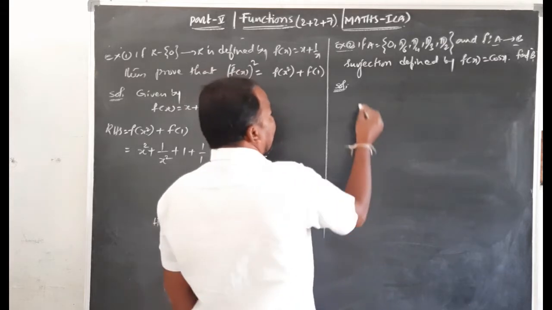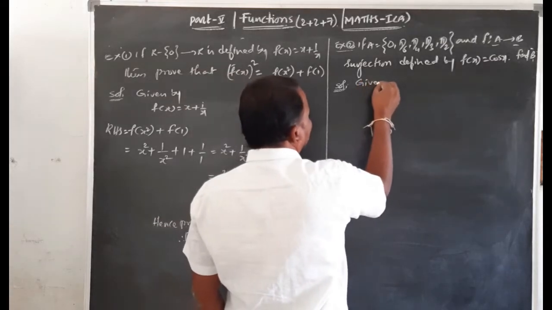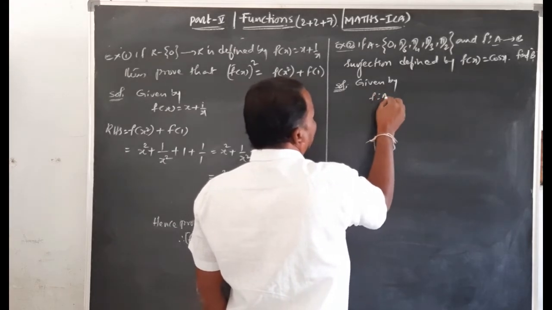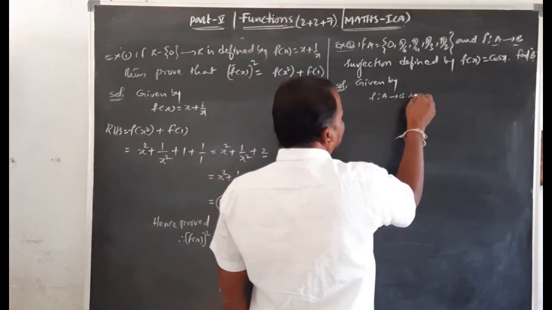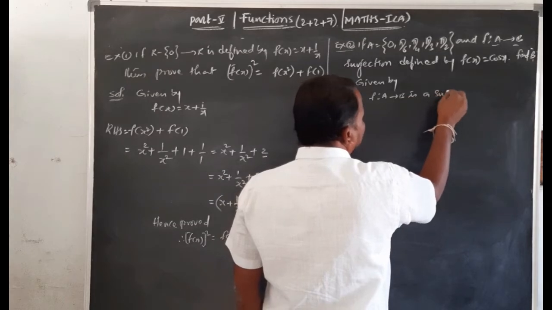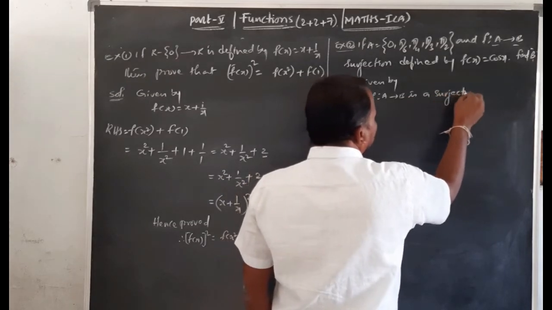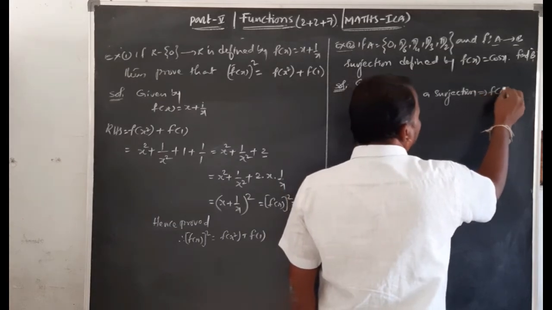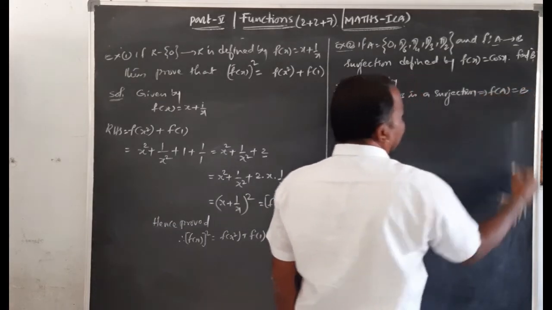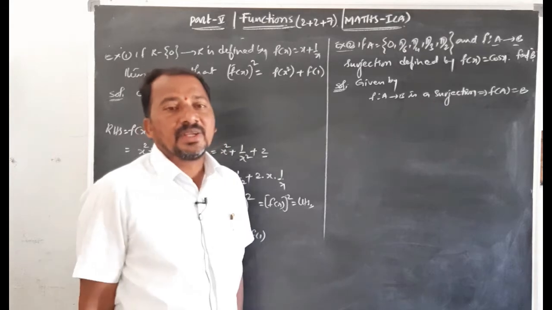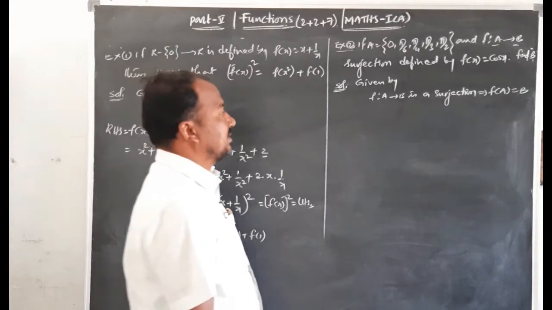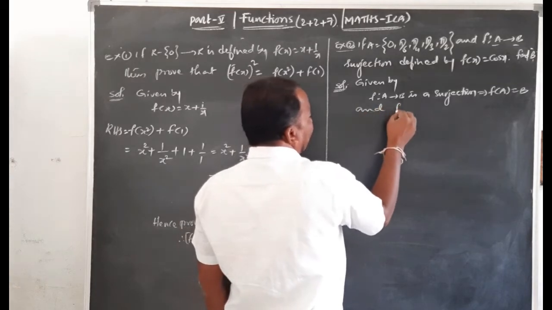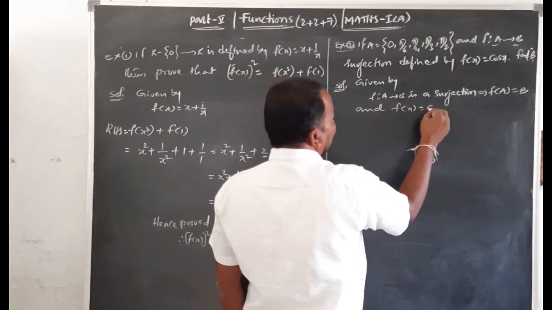So given f from A to B is a surjection. Surjection implies f of A equals B. Range equals codomain. Therefore, f of x equals cos x.